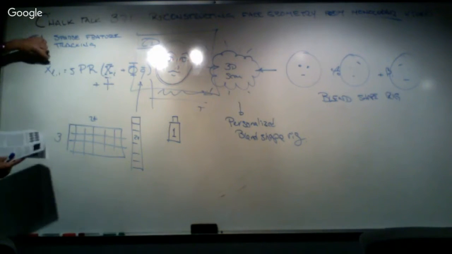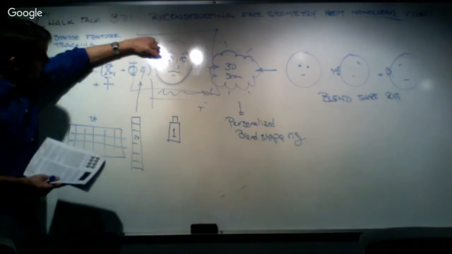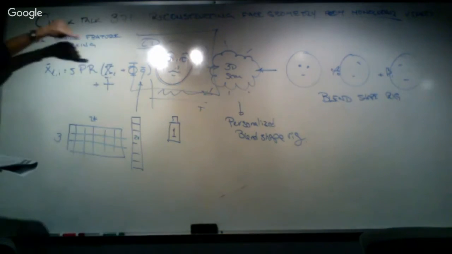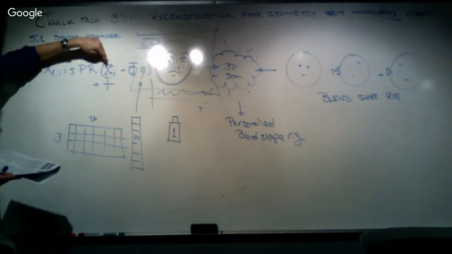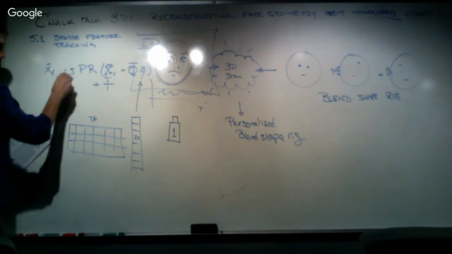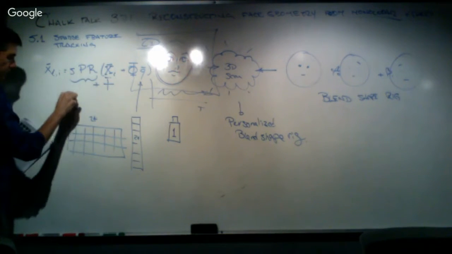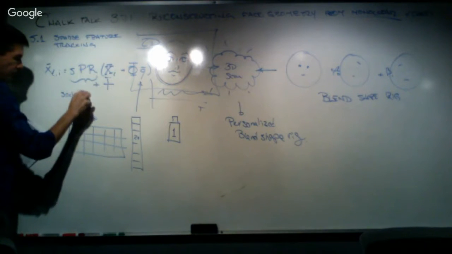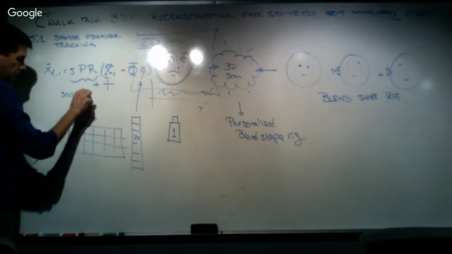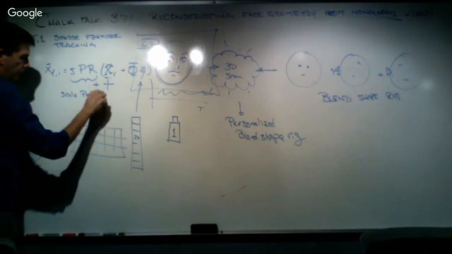We have the point that we're looking for. This is the location of the corner of the eye. And we have an idea of where that corner of the eye should be. But we don't know this. This is scale, projection, and rotation.